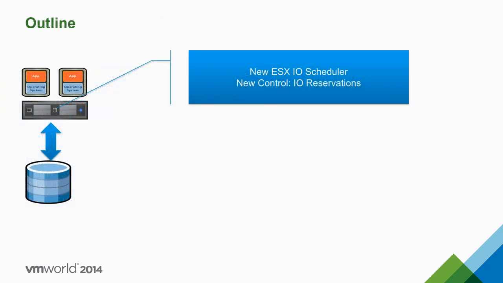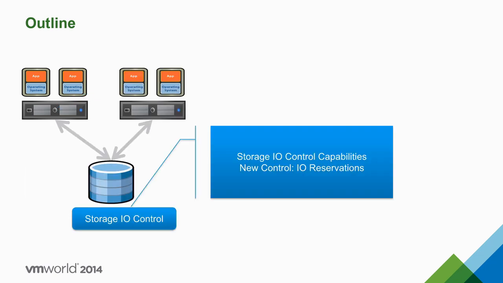Okay. So what we have done so far is talk about the IO scheduler in the single ESX box and how it introduces the new controls and the new behavior. Now what we're going to look at is the performance of a data store across multiple ESX hosts.